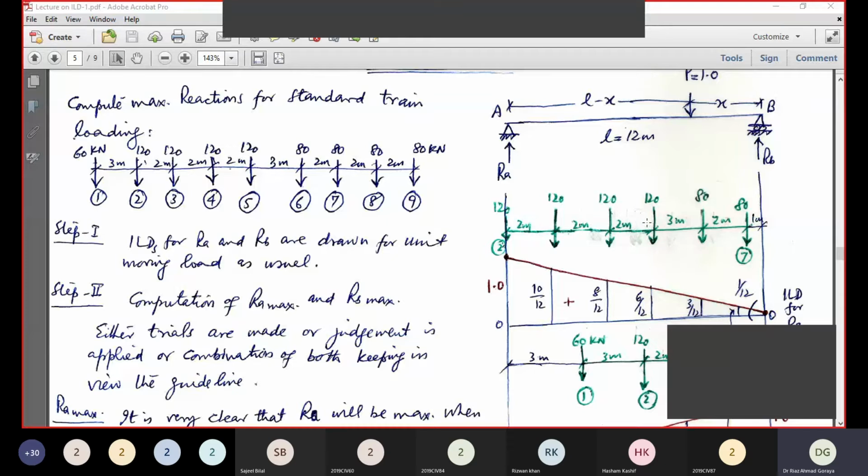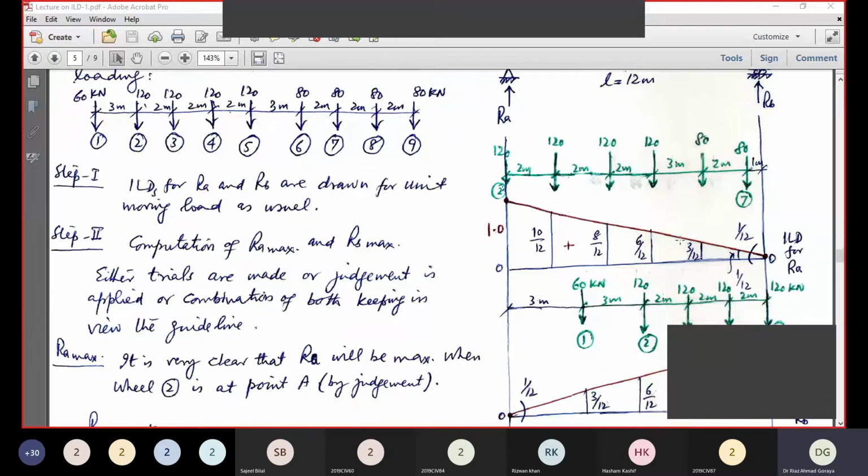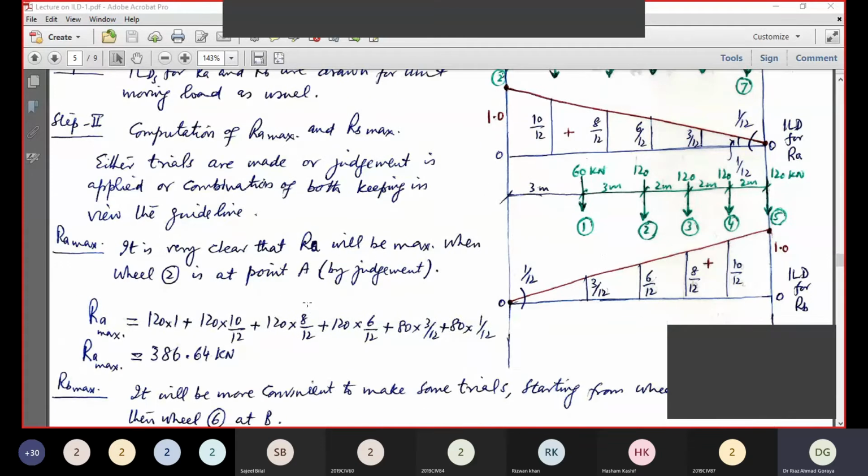2 plus 2 plus 2 plus 3, 9 plus 2, 11, and this will be 1. So the corresponding ordinates are 1 over 12, 1 plus 3, 3 over 12, then 6 over 12, 8 over 12, and 10 over 12. These are the ordinates. Now simply multiply these loads with the corresponding ordinates. You will get the value of RA max.